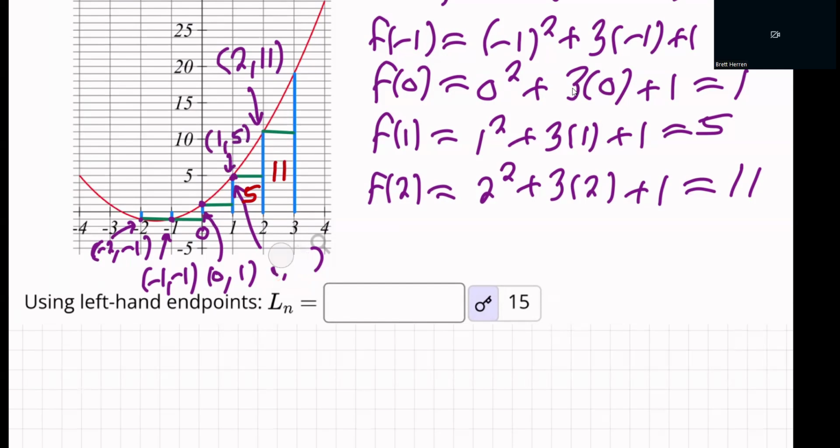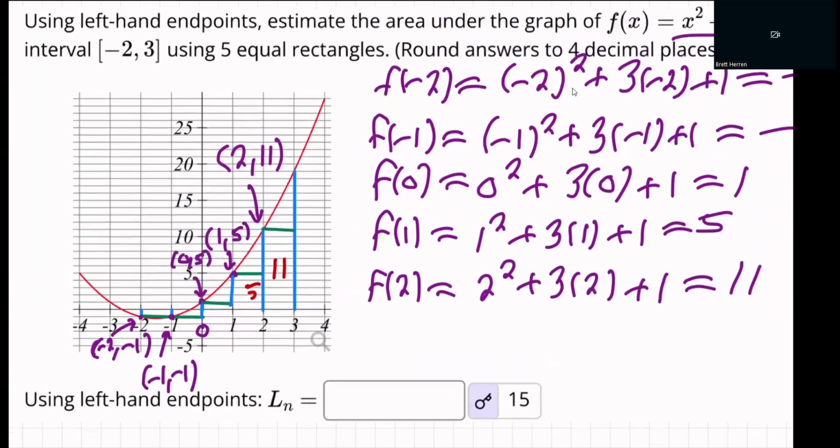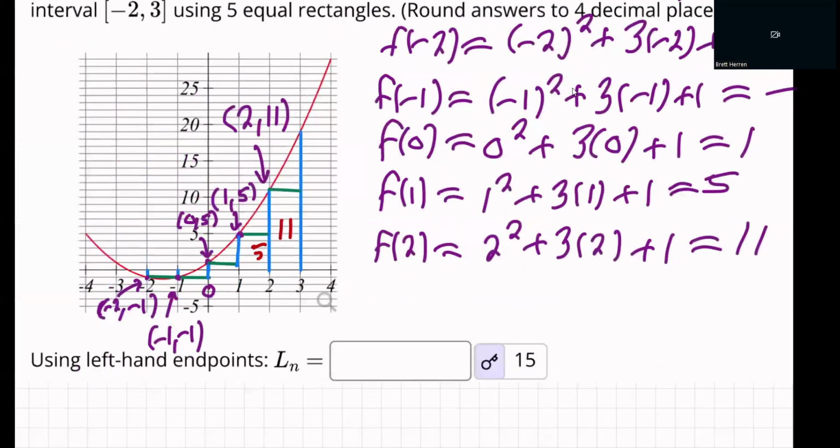Now I'm wrecking everything. Not over 0, 5, it's over 0, 1, yeah, over 0, 1.